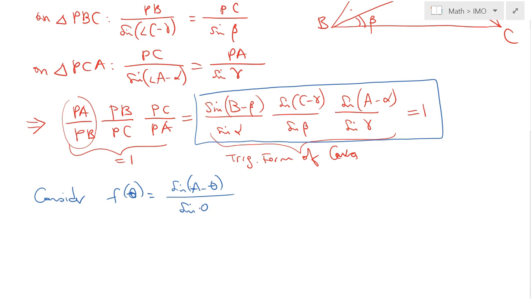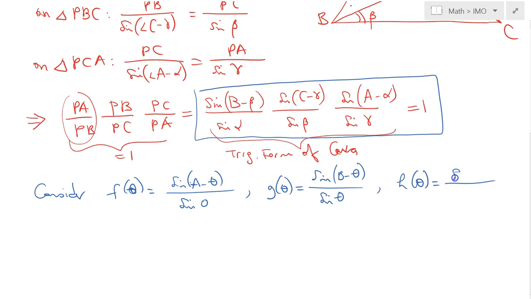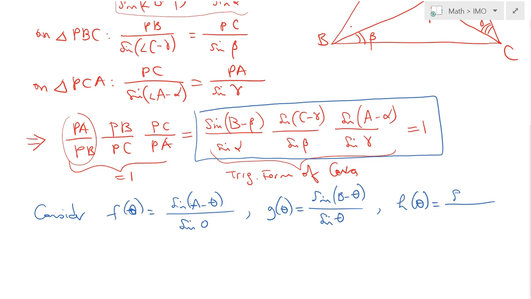In a similar way, g of theta would be sine of angle B minus theta over sine theta. And finally, h of theta is equal to sine of C minus theta over sine theta.